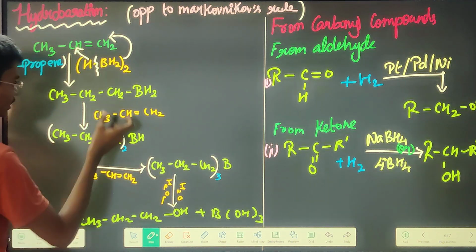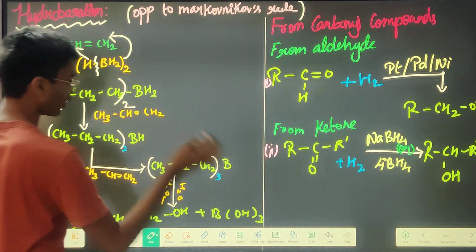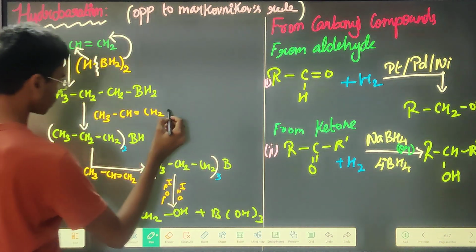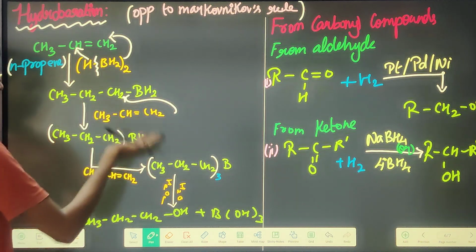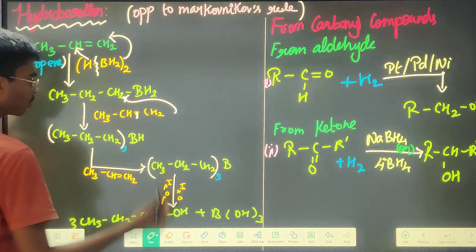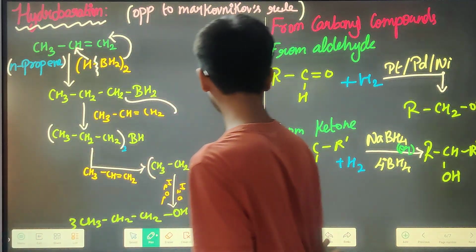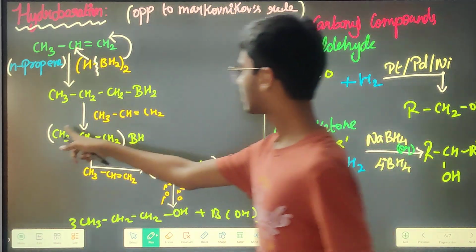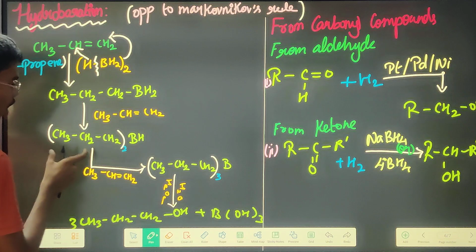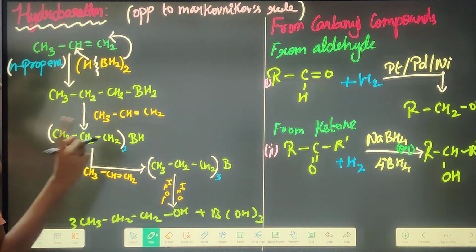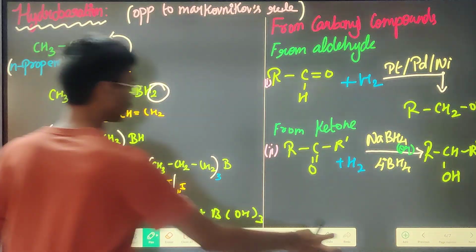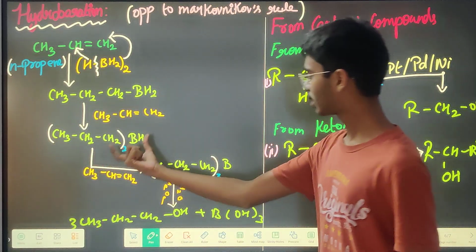Now you will get this twice, because this will go here and react over here by breaking this one bond. Then you will get a compound like this, and along with that, one hydrogen will escape. Then you will have a compound like this.